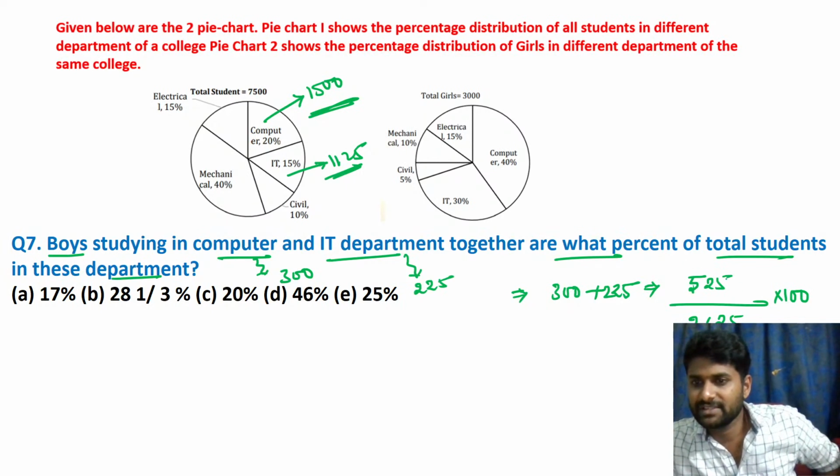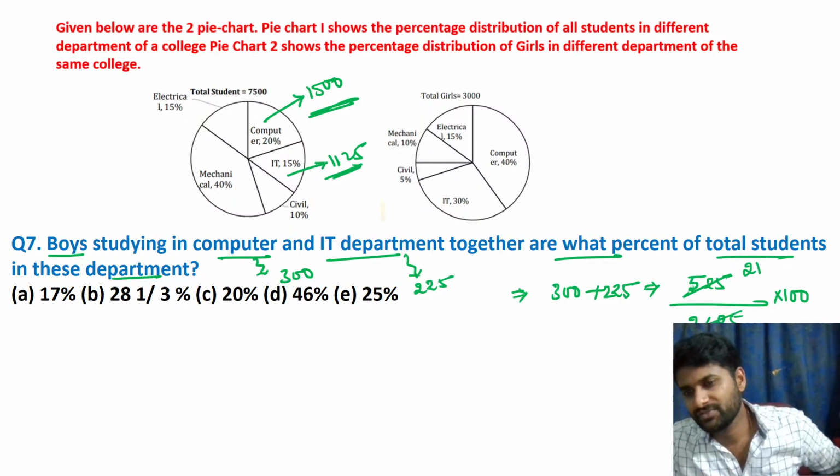See the 25 table: 25 ones are 25, 25 twos are 50, 25 fives are 125.